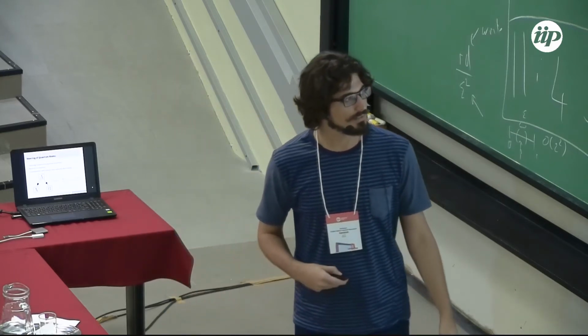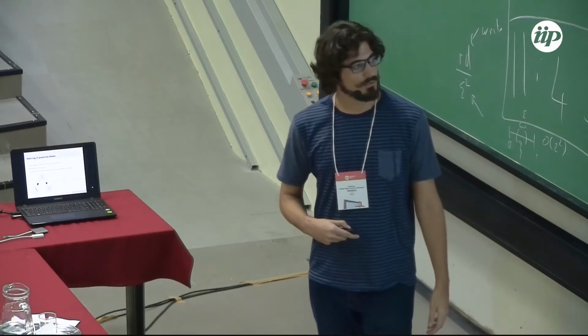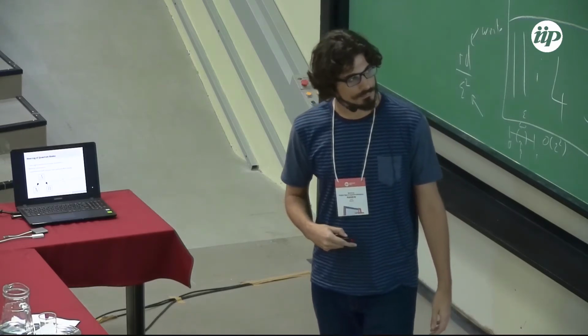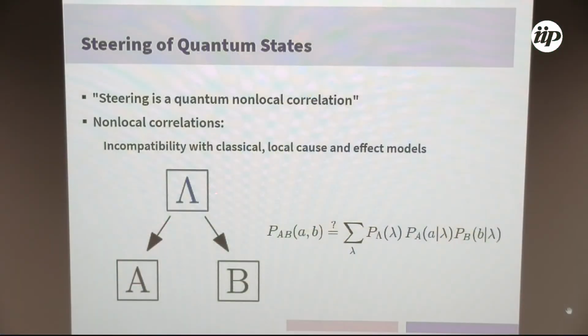So here, for instance, I present two variables, A and B, and I say that they are correlated, but in this case, I have a common cause that connects both of them, and the correlation appears because I don't know the actual value of this common cause.